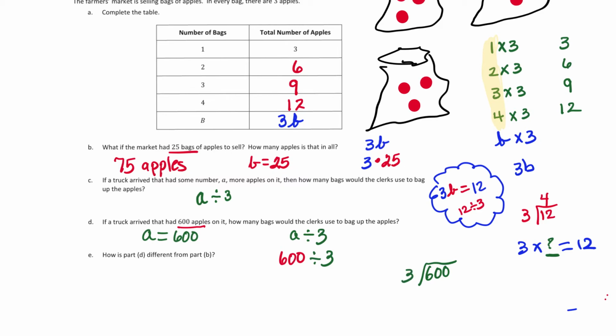The typical math that we use is 600 divided by 3. And that will give us, just doing it very quickly here, guys, 200. So they're asking us how many bags will the clerk use to bag the apples? The answer is 200 bags. Now we got a little messy.